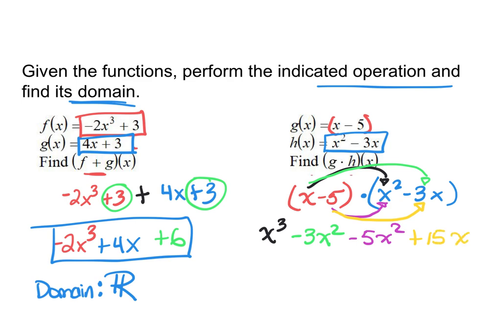Then you want to combine like terms. In this case, I can combine negative 3 minus 5, which gives me negative 8x squared. Everything else stays the same. So x to the third minus 8x squared plus 15x.